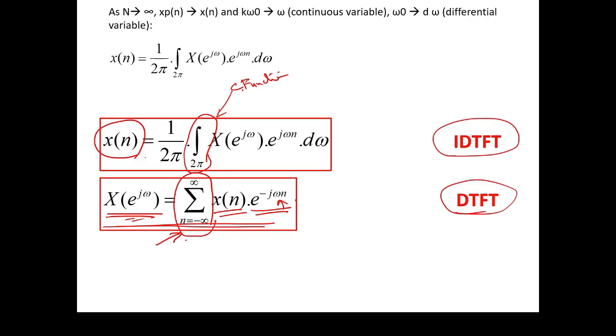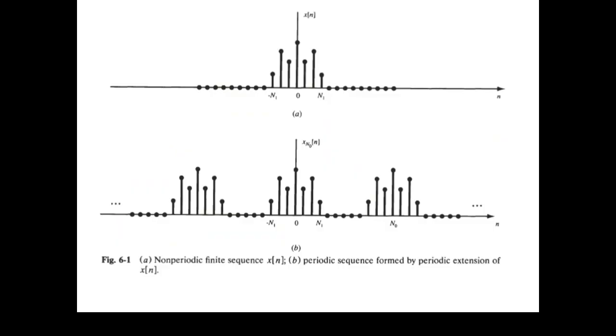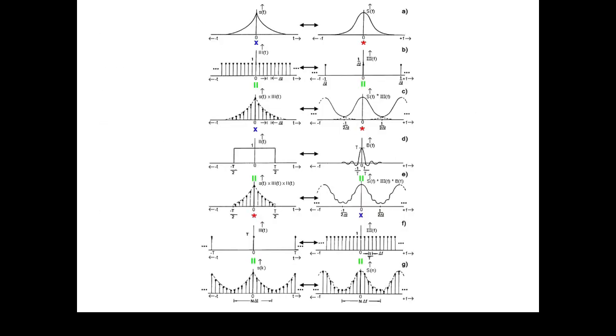So we need a transform where the values are discrete, and those discrete values can be handled by the digital systems. That means we have to convert this continuous time domain into the discrete time domain, and this is what the discrete Fourier transform is.